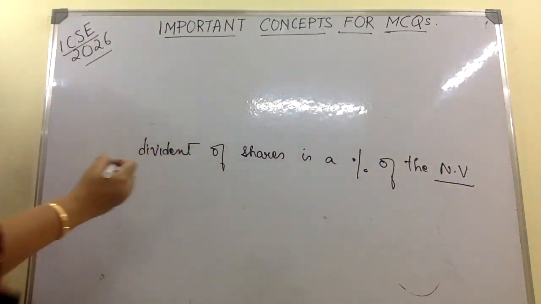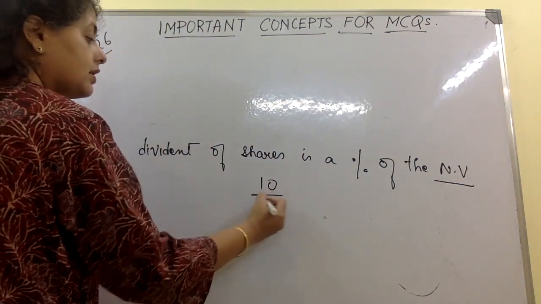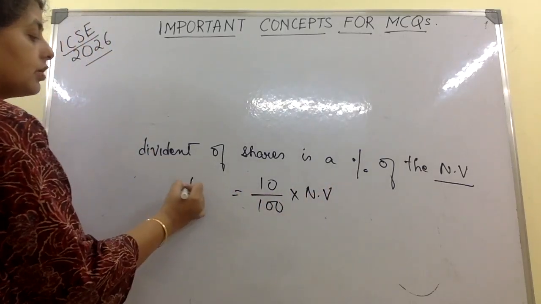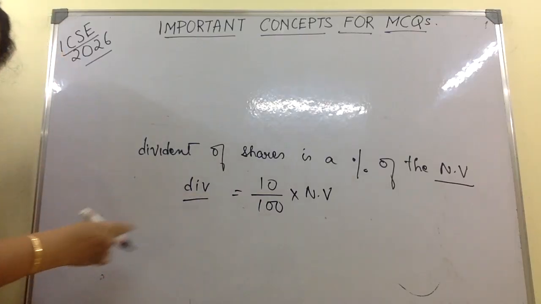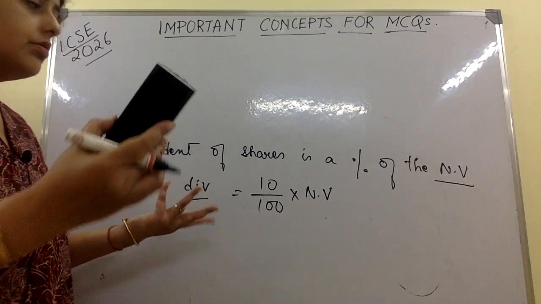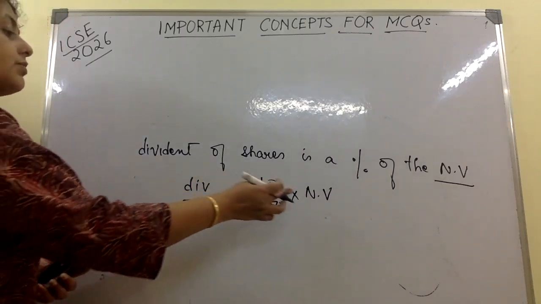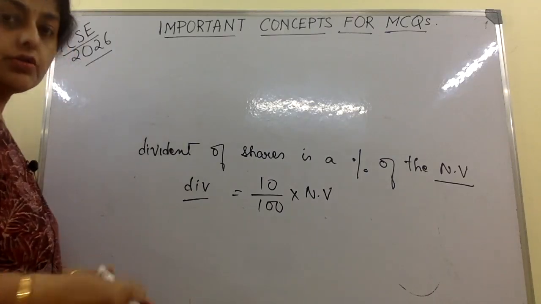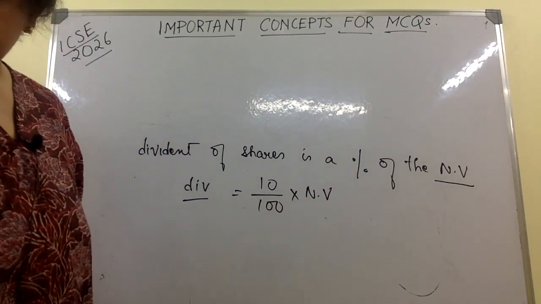Remember this. So if it is 10%, then 10% of the nominal value will be your dividend. So dividend is always calculated on the nominal value. If it is, let's say, 100 shares, then just multiply the nominal value of one share with 100 and write your answer.